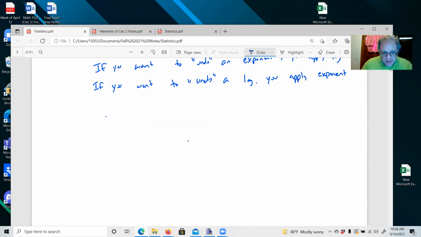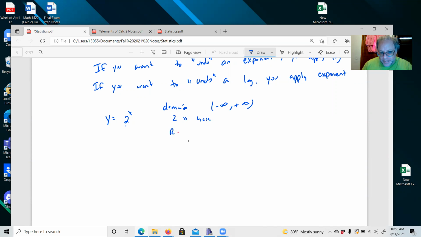If I look at this function, what do I know about it? Well, I know the domain for an exponential function: any x will be just fine. 2 is the base.